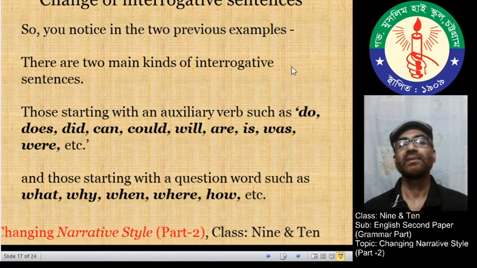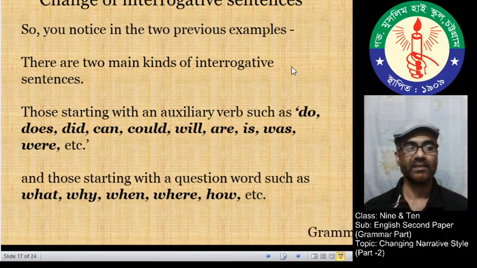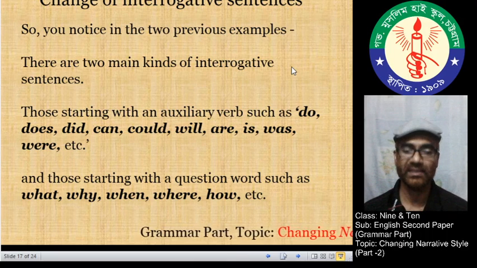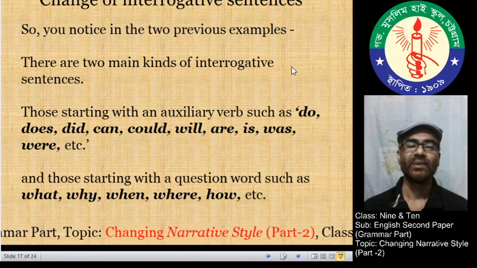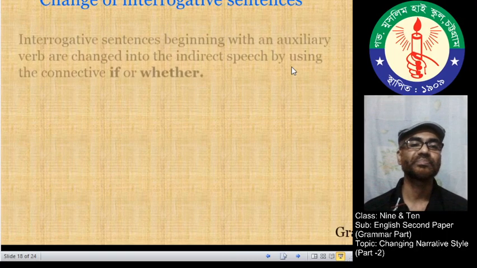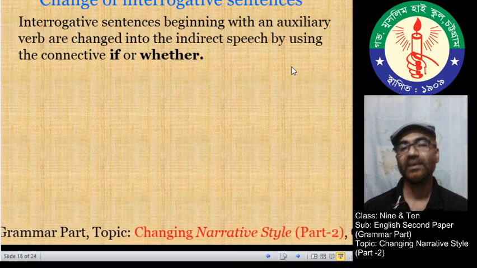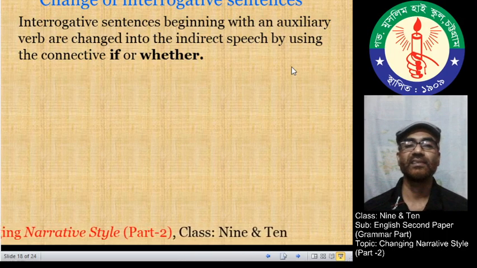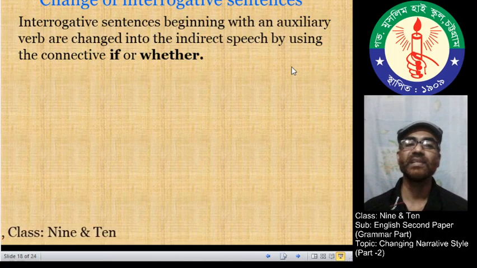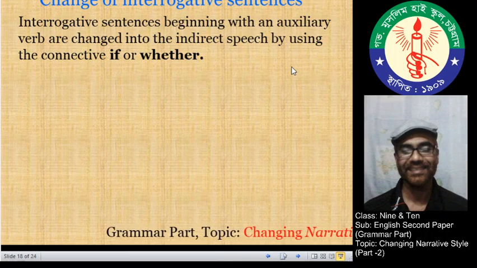One starts with an auxiliary verb, and the other starts with a question word or WH word. Okay, we'll know more in our coming slides. Interrogative sentences beginning with an auxiliary verb are changed into indirect speech by using the connective if or whether. If or whether.